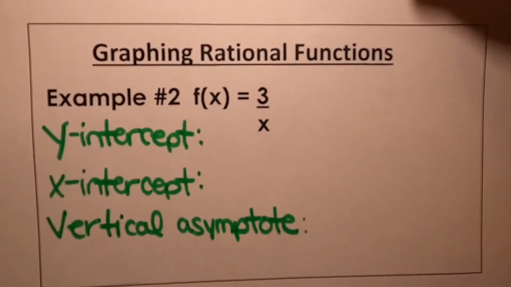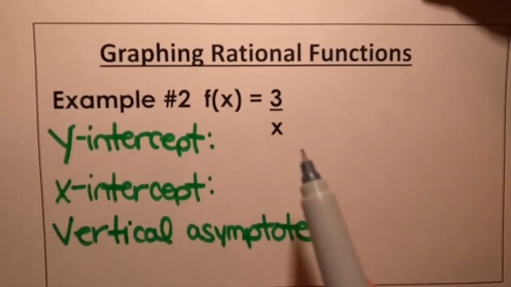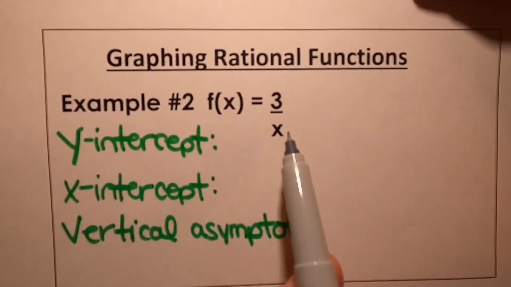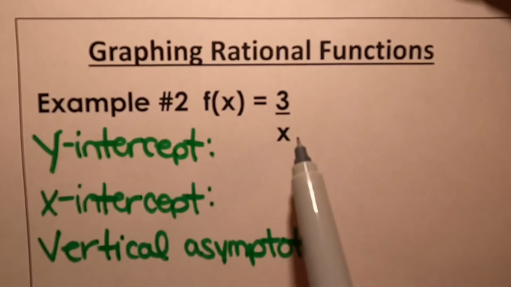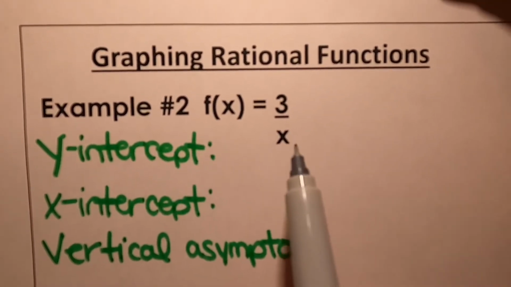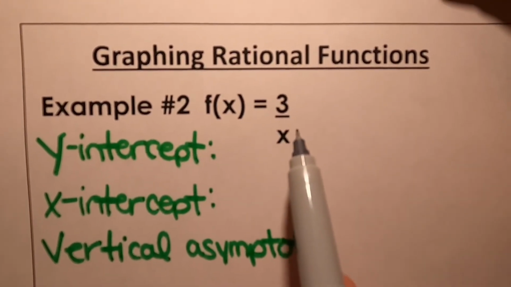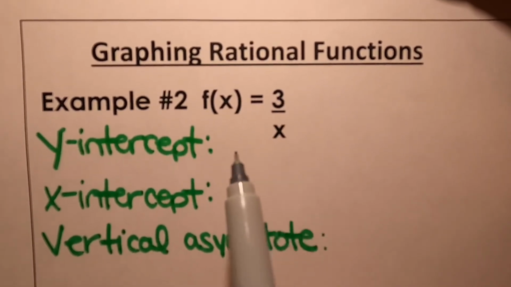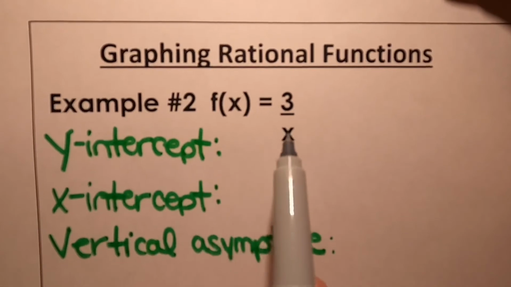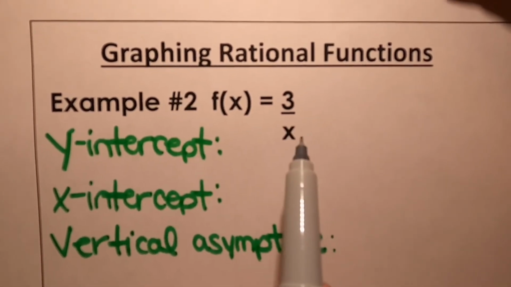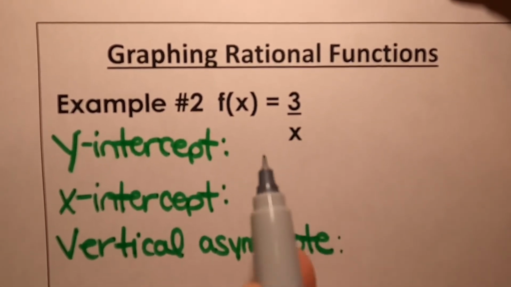Okay, for example number 2. You'll notice it's f of x is equal to 3 over x. This is a rational function because it's a fraction that has a variable in the denominator. So with that in mind, we start the same process that you just did. We're going to find the y-intercept. To do that, we plug in 0 for x. So everywhere I see an x, I'm going to put a 0.